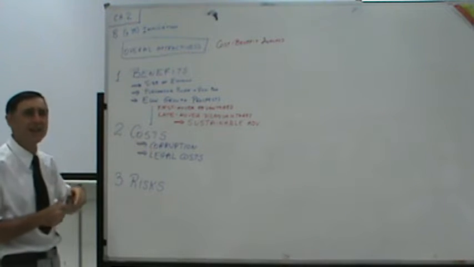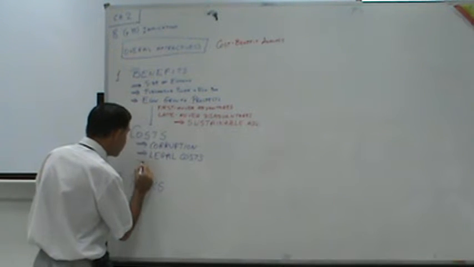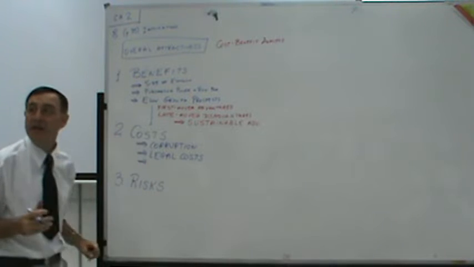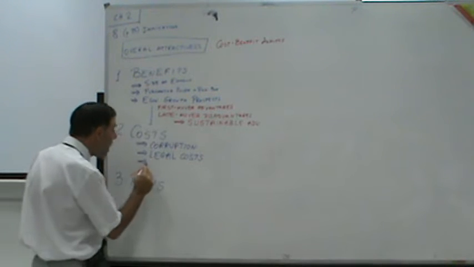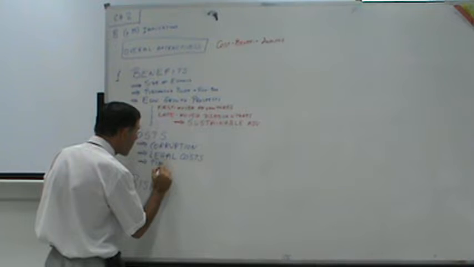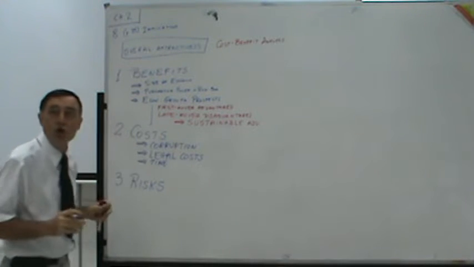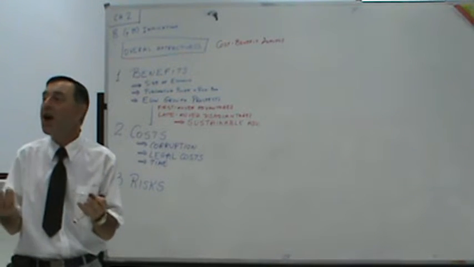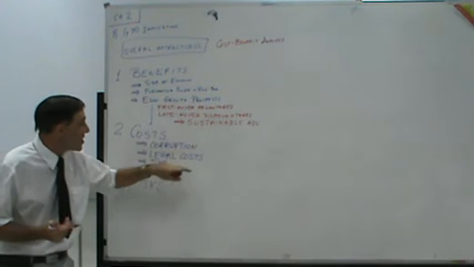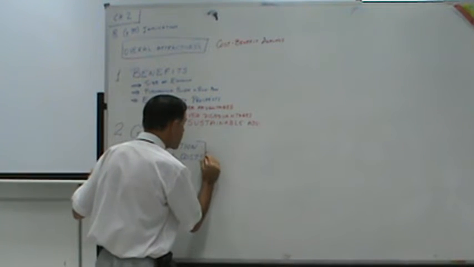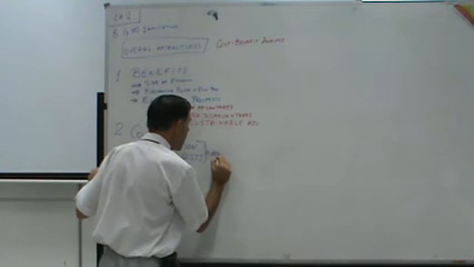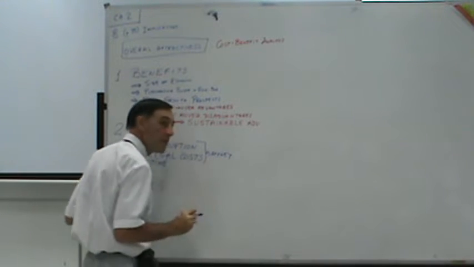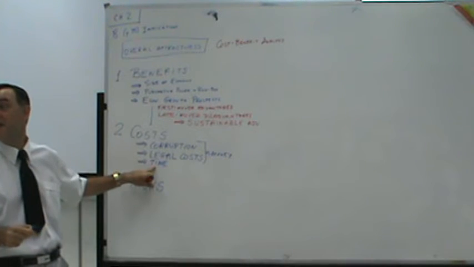Part of the illegal and legal costs, it's not in the book, but in economics, we have just time. You will be wasting time. So you're going to be wasting time here. These two costs come under the category of money. But you're also going to be wasting a lot of time.